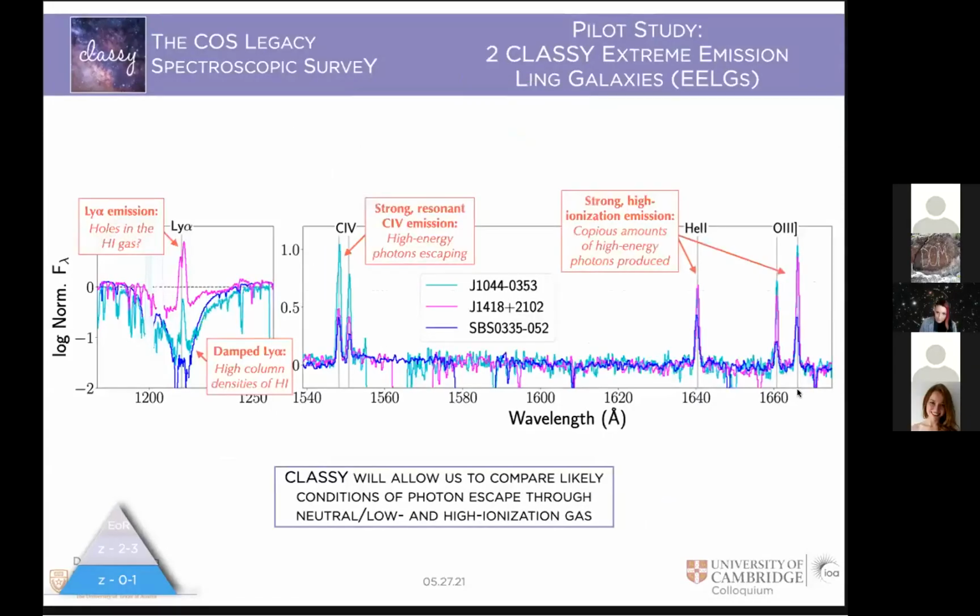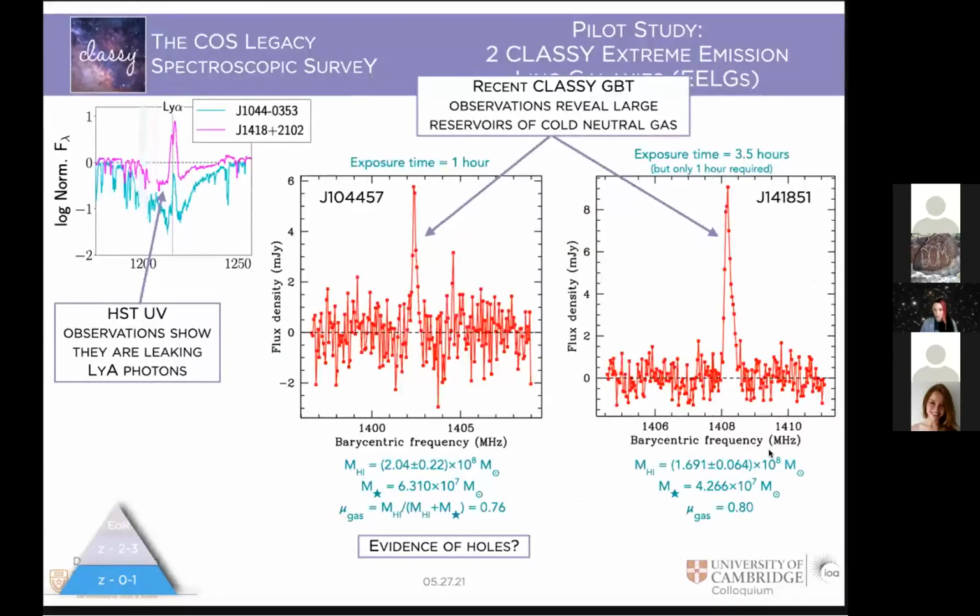And again, for our pilot study, we were comparing all these emission lines, and with the well-known nearby galaxy SBS 0335-052, it's also in our sample, that allows us to look at different column densities of different kinds of gas, and motivated the follow-up with some GBT HI observations, because we think some of these combination profiles could be evidence in support of the holes theory for Lyman continuum, Lyman alpha escape.